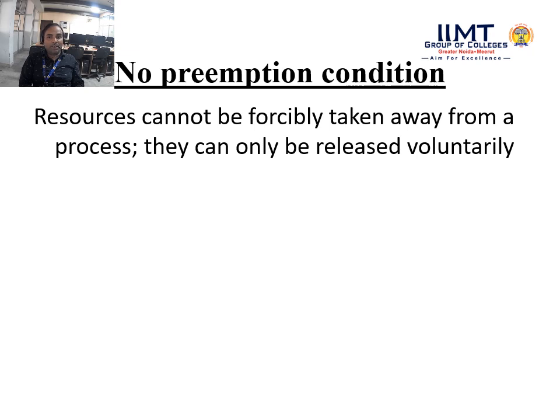They can only be released voluntarily. Meaning to say, if the process executes properly with the help of the resource, after that the process will release the resource. But before the execution is complete, it is not possible.